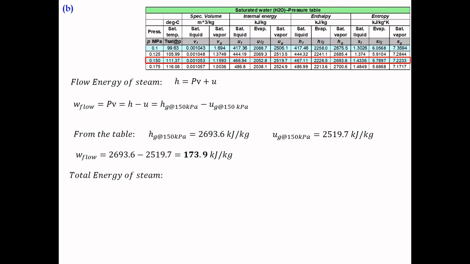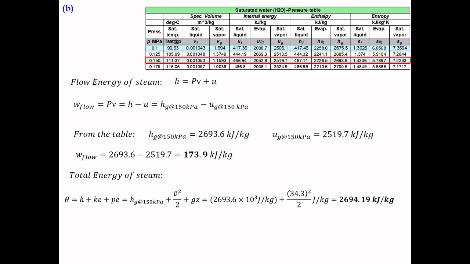Next we want to determine the total energy of the steam. So we need to implement the formula for the total energy for a flowing fluid, where theta equals H plus KE plus PE, equals H plus V bar square divided by 2 plus gz. We already determined the value of Hg, because now we are involving steam, so for the enthalpy we refer to the value of Hg.